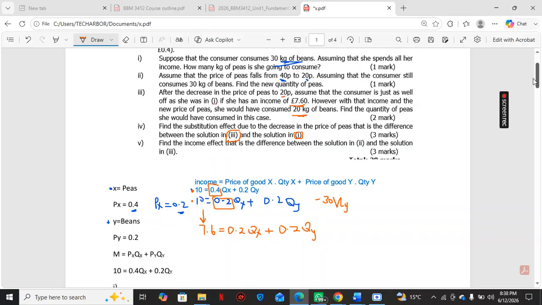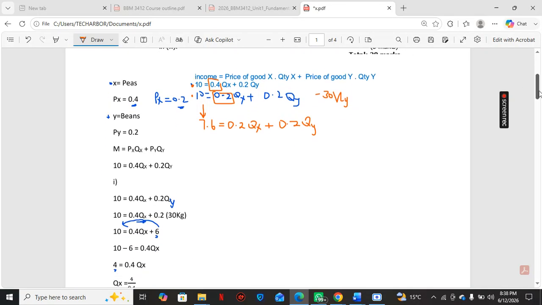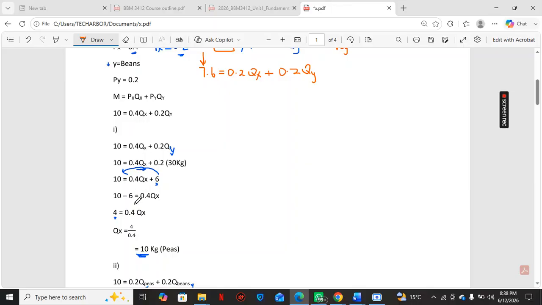So they said it's the difference between solution 3 and solution 1. The substitution effect is the change in the quantity you buy because of price.